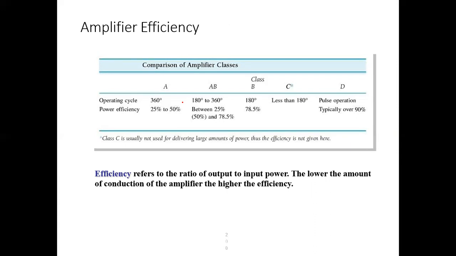Class A has an operating cycle of 360 degrees, AB means 180 to 360, B means 180, C means less than 180, and D means pulse operation. Power efficiency refers to the ratio of output to input power. The lower the amount of conduction of the amplifier, the higher the efficiency.